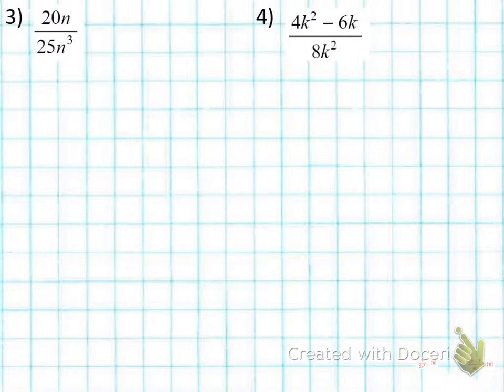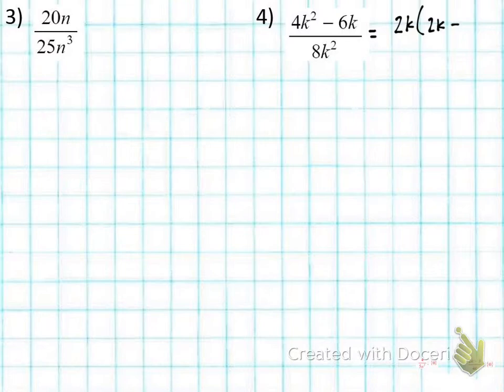What do you notice about number 4? What's a common factor you could see in both the numerator and denominator? 2 and what else? What can I factor out of the numerator? 2k. 2k times what is 4k squared? 2k, good. 2k times what is negative 6k?